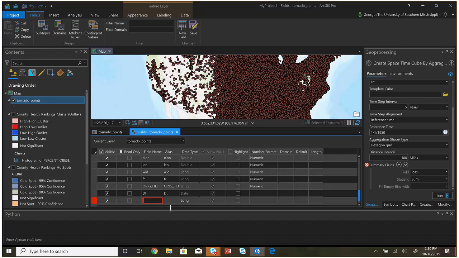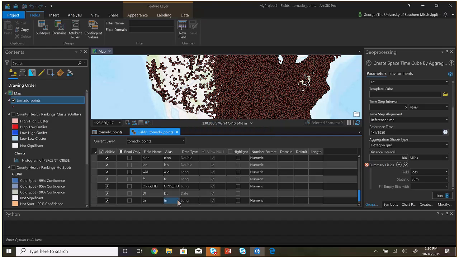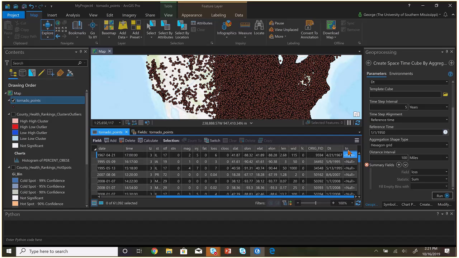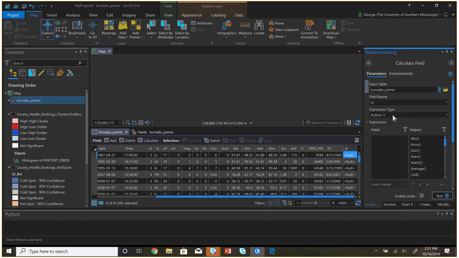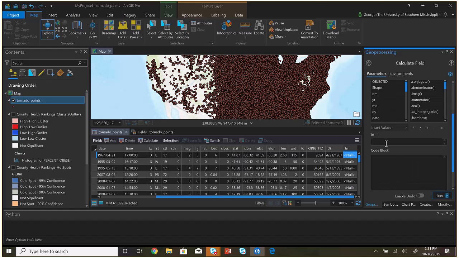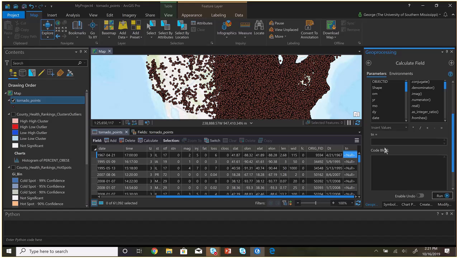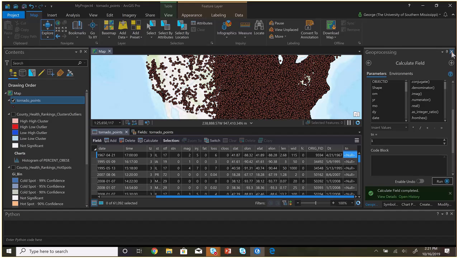So I'm just going to call this TN. So save. And then what I'm going to do is calculate field. One, run it. So now I just created a field with a bunch of ones in it. Sometimes you have to do that.